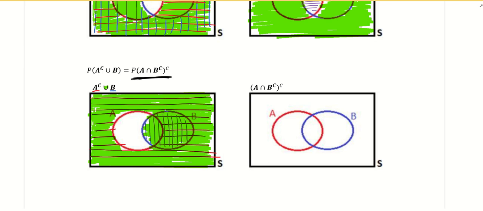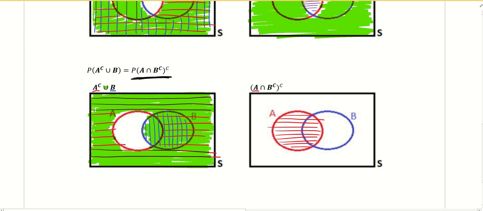And so if we think about, again, what this represents in a picture, we can do the same thing. And I'm actually going to shade this in a little bit more detail as well, just to make it easier to see. A is everything in my A circle, so this.